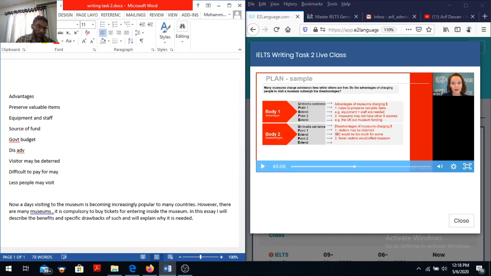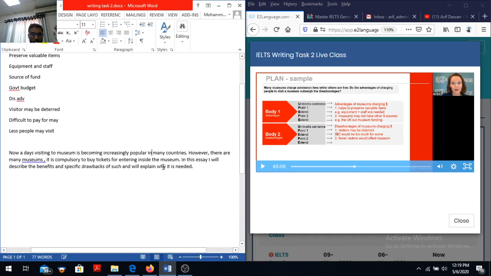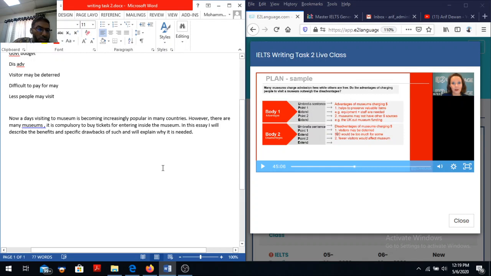So, nowadays visiting museums is becoming increasingly popular in many countries. However, there are many museums where it is compulsory to buy tickets for entering the museum.